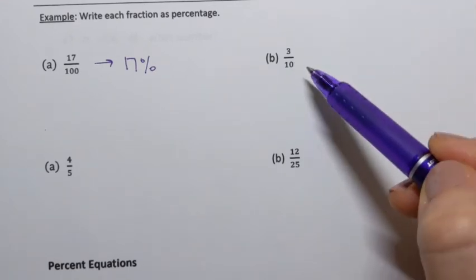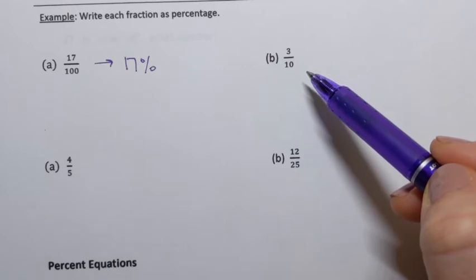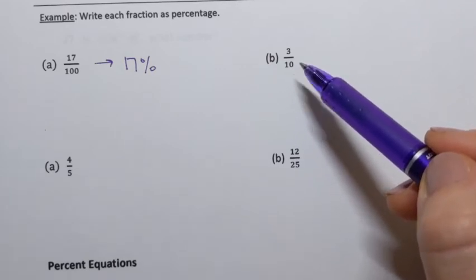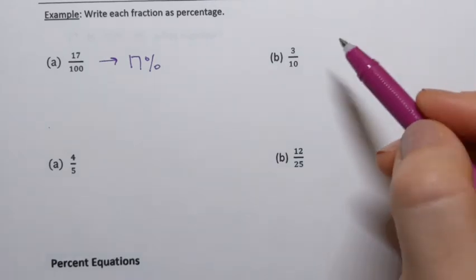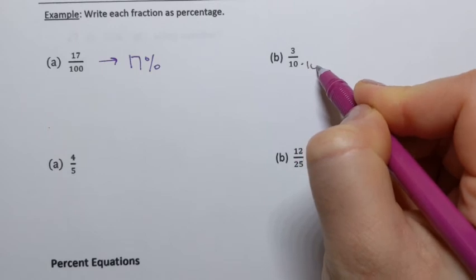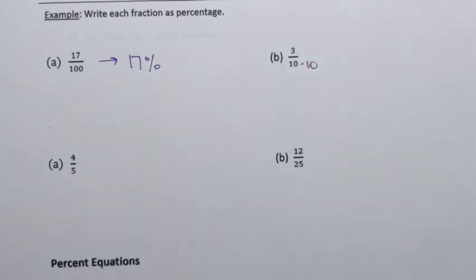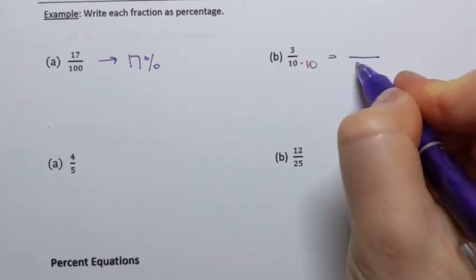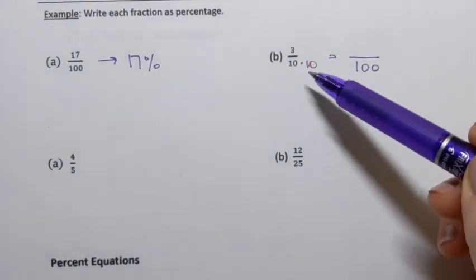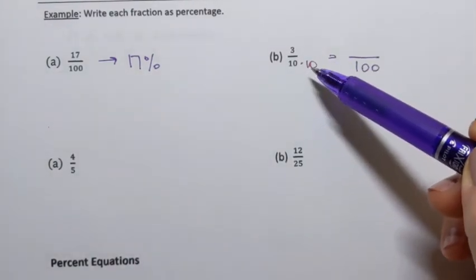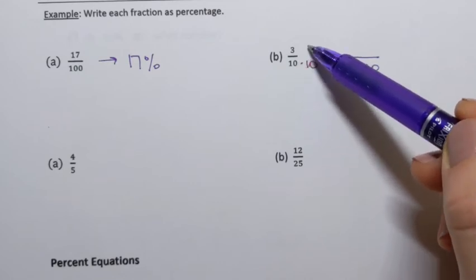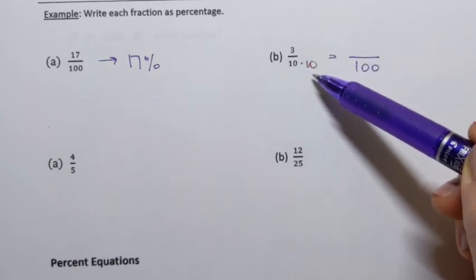Well, then we would want to make the denominator 100 before we perform the conversion. So how do I make the denominator 100 here? Well, since it's 10, it's pretty easy because I can just multiply 10 by 10 and that gives me 100, right? So now I have denominator 100. But remember that we cannot just multiply the denominator of the fraction. If we need to do so, then we also need to multiply the numerator to keep the same quantity.